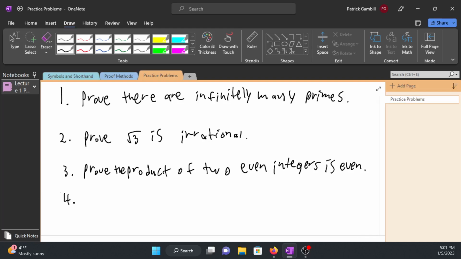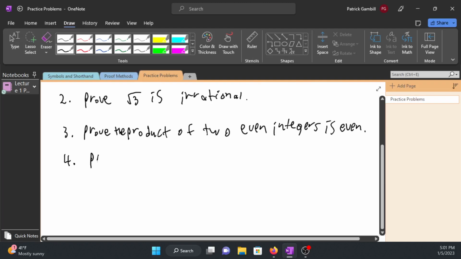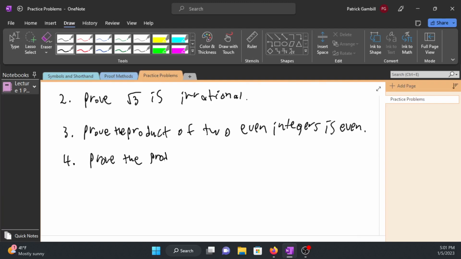Number 4, we might prove the product of two odd integers is odd. Once again, use your favorite method for these types of proofs.